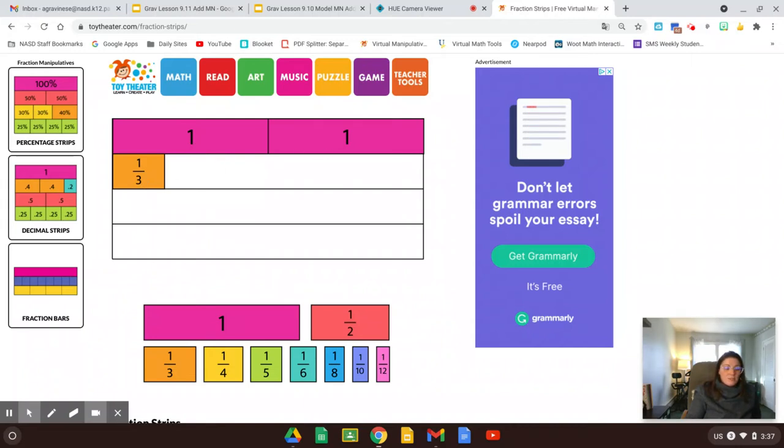And I'm adding to that another whole and a third. Now I kind of have them all over the place. Let's see if I can arrange these so that my fractions are together and my wholes are together. I'm going to put both of those fractions down here, and I'm going to put the wholes up here.